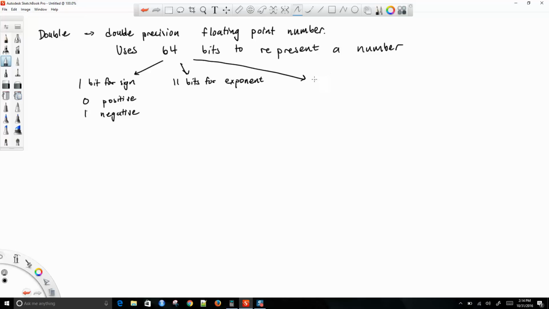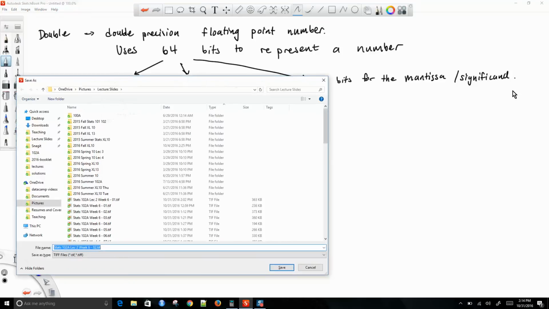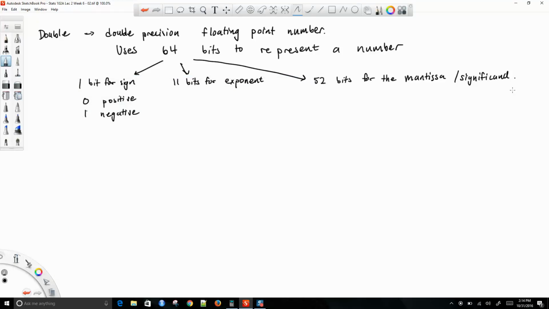And then the remaining 52 bits for what we call the mantissa or the significand. And so we use 64 bits to store a number. Again, just think of floating point as representing numbers in binary scientific notation. That's all we're going to do.